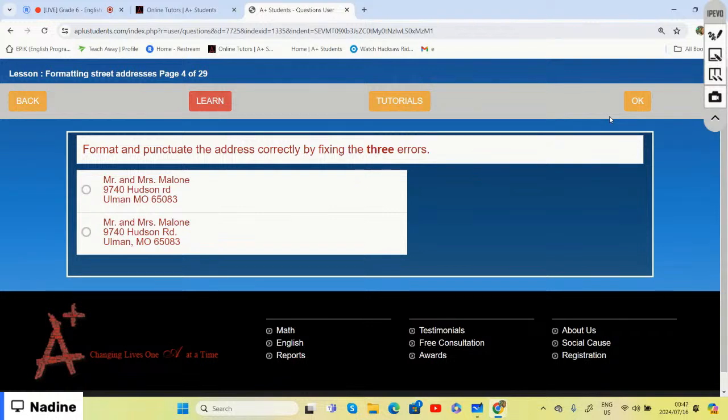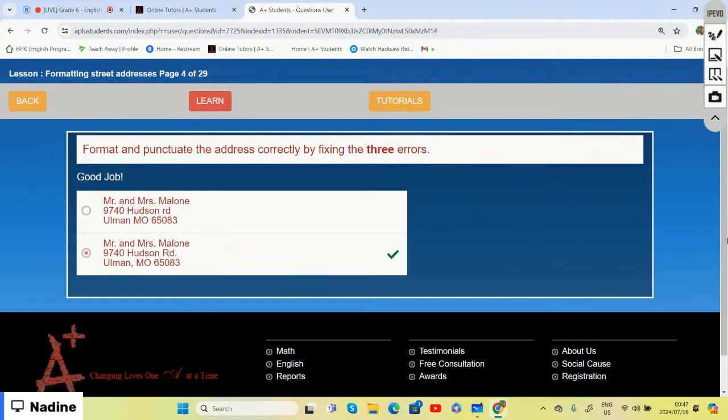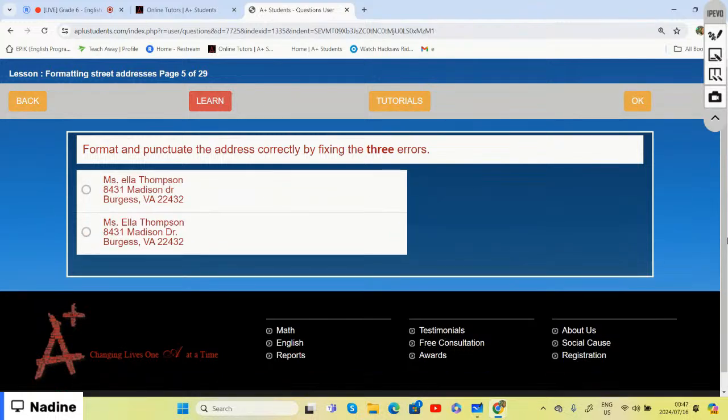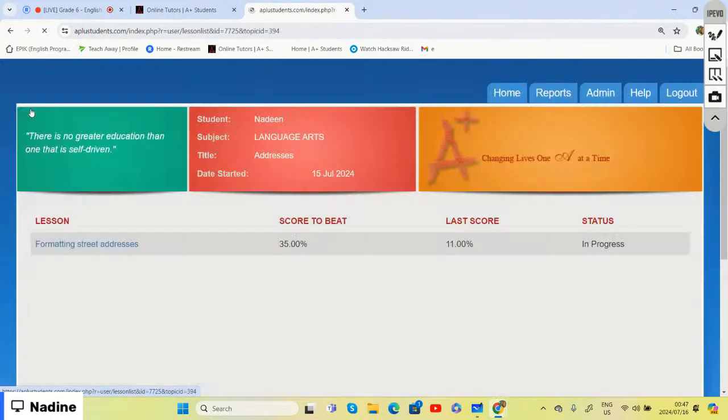We already have an error because it is not capitalized and there's also no period, right? So which means that if we were to format and punctuate the address correctly, we will choose option two because that now is correct. Yes, well done. Option two is correct.